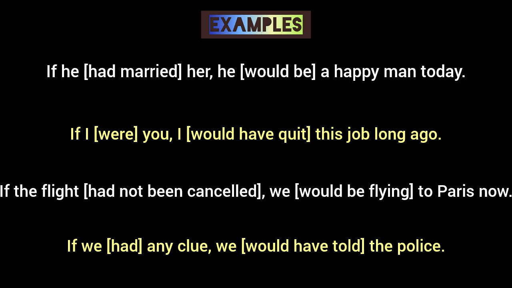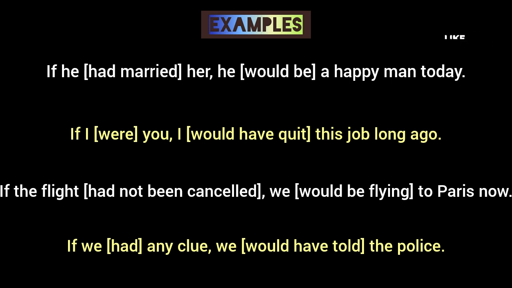The if clause has a past perfect verb. This past perfect tense verb, had married, indicates that it's a condition of type 3 conditional sentence. This condition refers to a hypothetical situation that did not come true in the past. However, in the principal clause, the result is of type 2 conditional sentence.